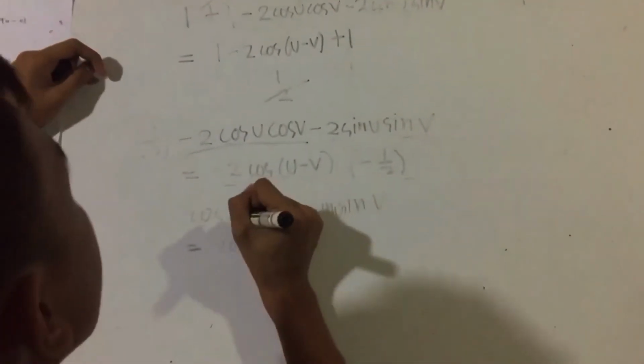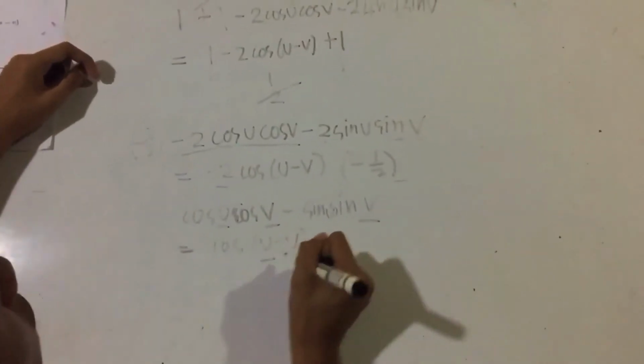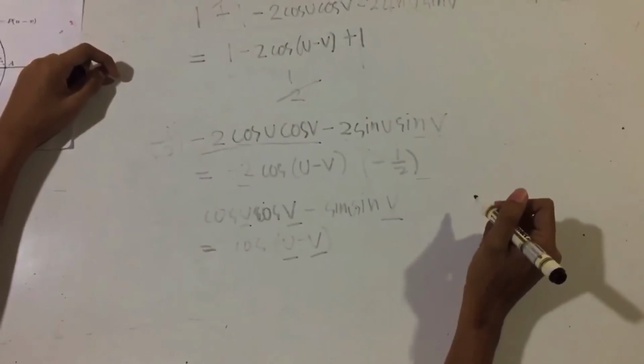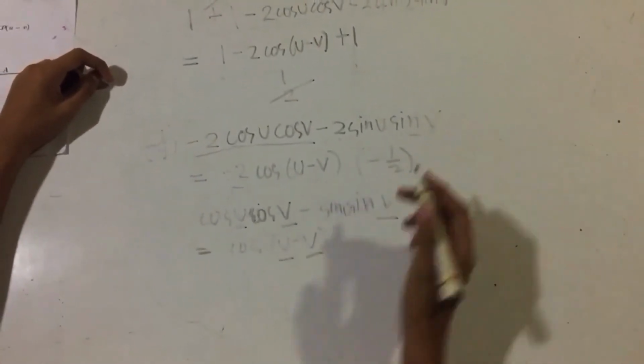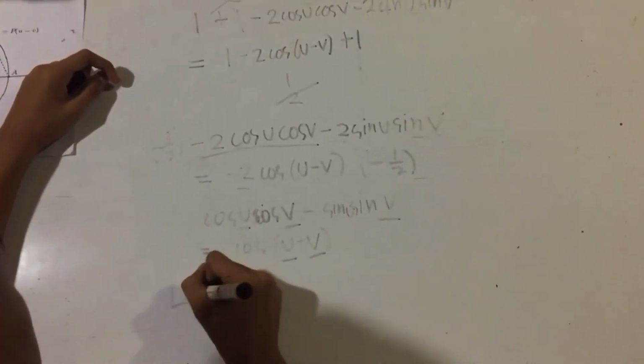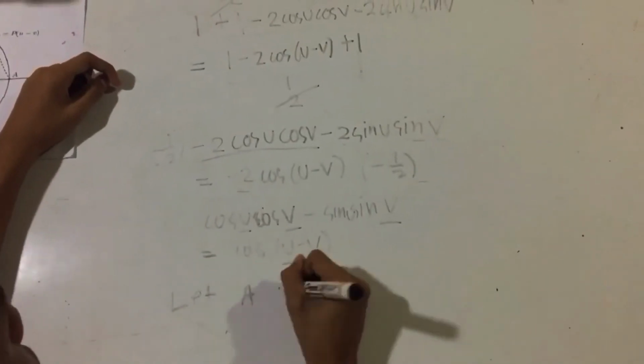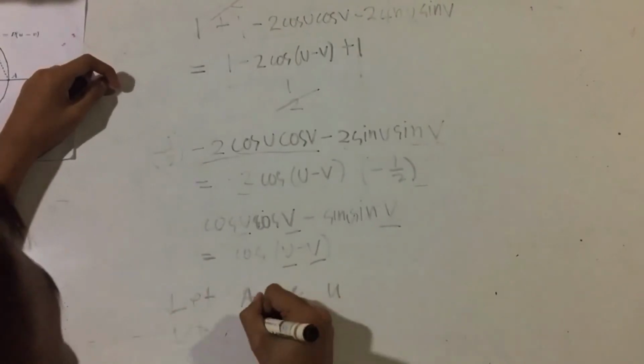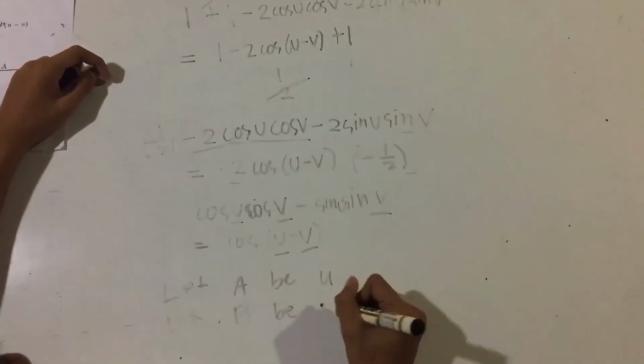And since these angles are only represented by a variable, we can replace it by an assumption. So let A be u and let B be v.